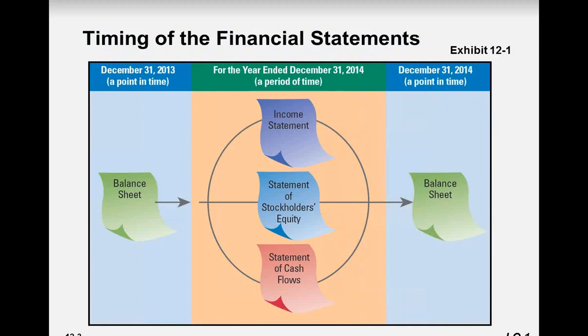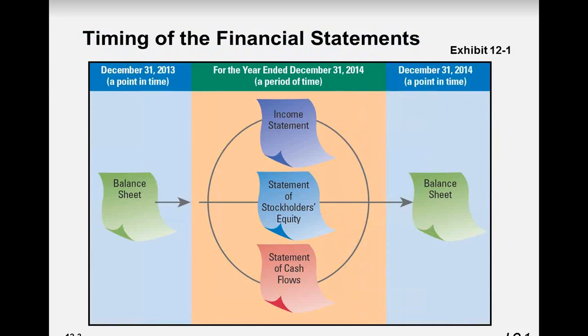because you have to remember that not all financial statements are created for a period of time. Some of them are as of a specific date, and the balance sheet happens to be the one that is a specific date or a point in time.